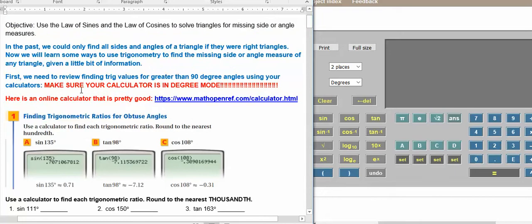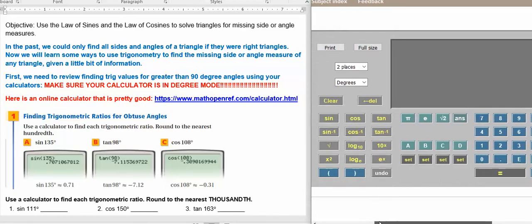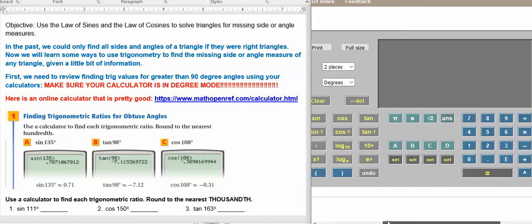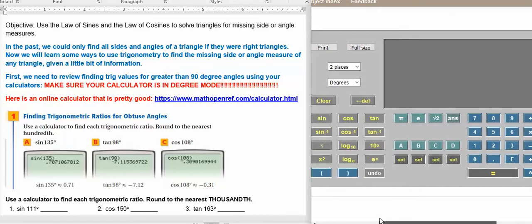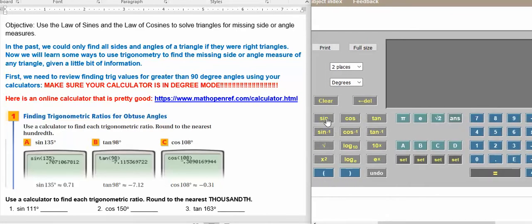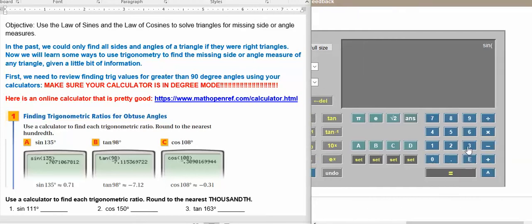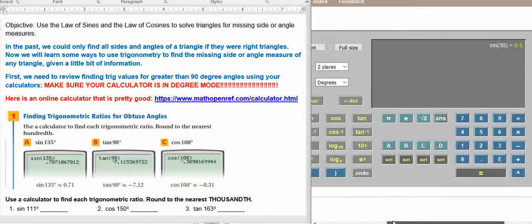So it's important that your calculator is working out. I have a website here of one that I found online that's pretty good. It's kind of wide. It takes up more room than my other one did. But what I like about it is if I want to find the sine of 30, I can type sine first and then the 30 and hit equals, and it'll do the answer. I don't have to work backwards like I do with the one that's on my computer.